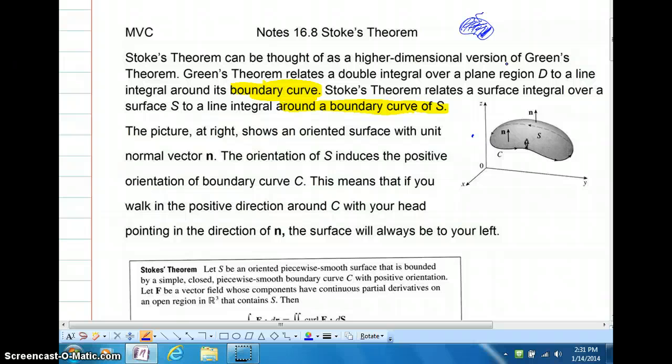Let's just say that we've got this kind of hollowed out jelly bean, and this guy's walking around on the bottom, and you're walking around this figure, and you can see that we're oriented up. A positive orientation around a curve generally means you're going to be moving counterclockwise. You'd be moving so that the surface would always be on your left. Your head would be pointing in the same direction as the positive normal vector.